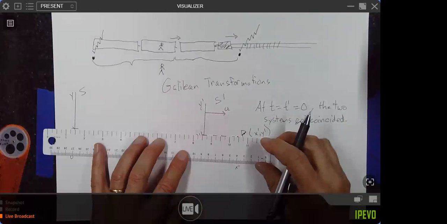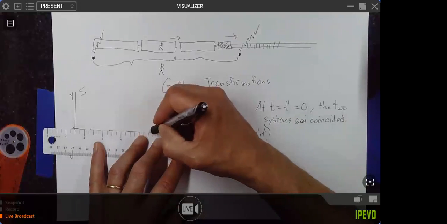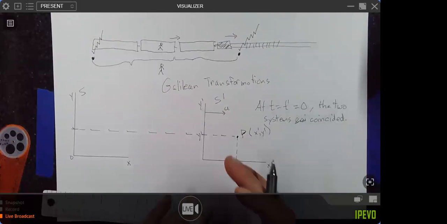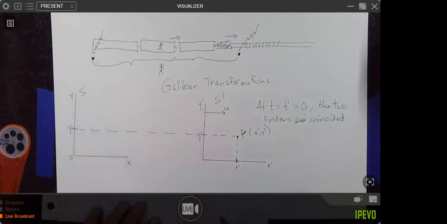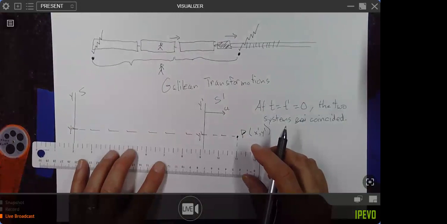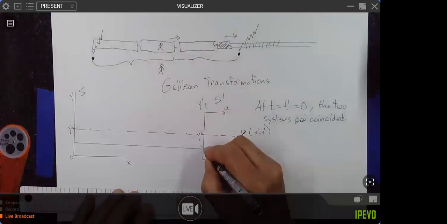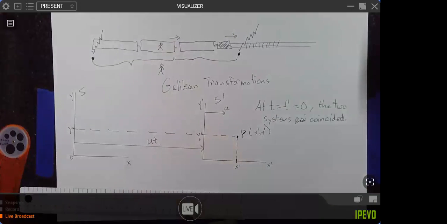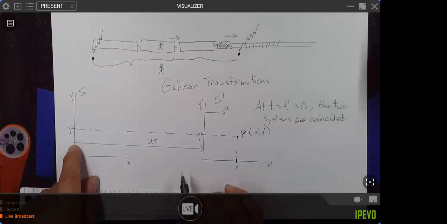Because it's only moving in the x direction, and you could always invent a coordinate system that has one of its axes along the direction of motion. So this will be y over here, and we need to figure out what's going on with this. Well, the distance between these two coordinate systems will equal ut. It's the relative speed times however much time has passed.